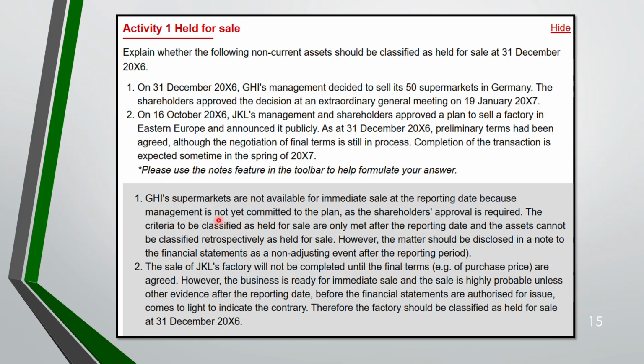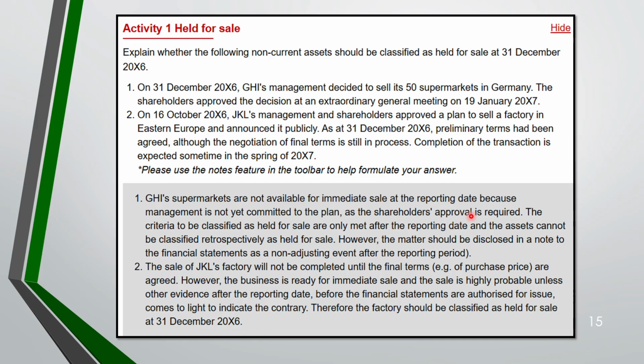So in the first one, it is not available for immediate sale on 31st December 2006. See, they got the permission on 19 January 2007, which is after the reporting year end. So at the reporting date, it was not available for immediate sale, because management did not commit to sell at that date.